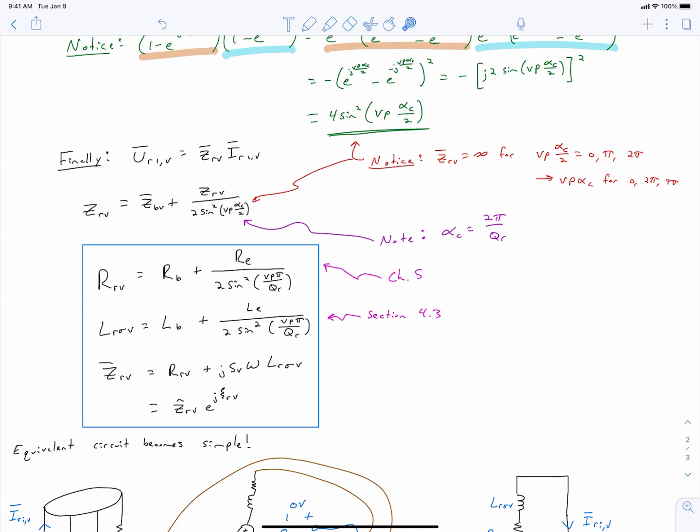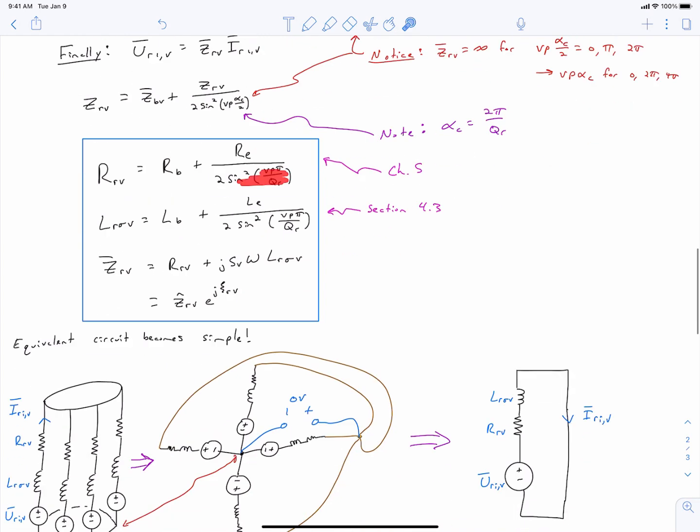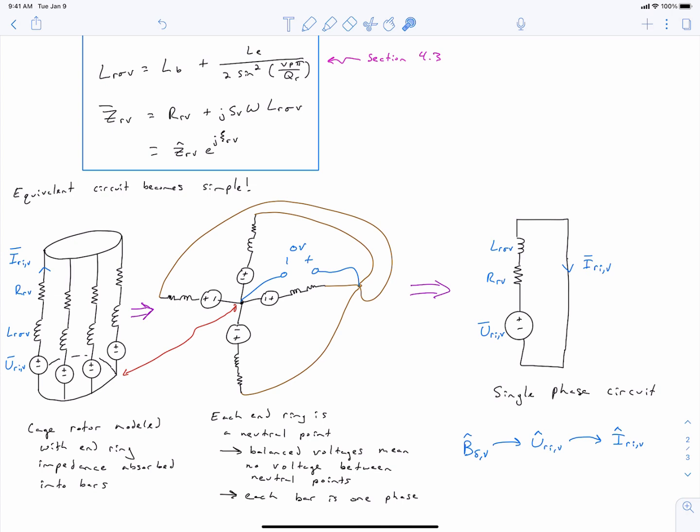This impedance in fact tells us when we can get current in our rotor and when we can't, because for harmonics that are incapable of inducing current in our rotor, our impedance goes to infinity. And finally, we concluded by showing that we can consider each bar of our rotor as being a single phase of a multiphase winding.